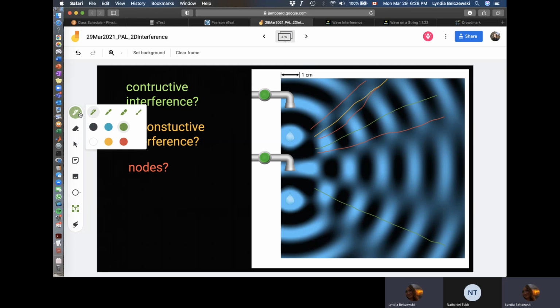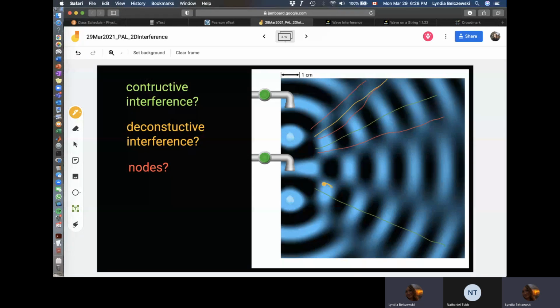Deconstructive interference is where you would have an up wave and a down wave, or even waves that don't necessarily have to be at the crest and at the trough. You can have a wave that is partially that, maybe has a small displacement, something like around here, around the edge of one of these bright spots. It's blue, it's not black, so it's still above the water level before we started splashing.